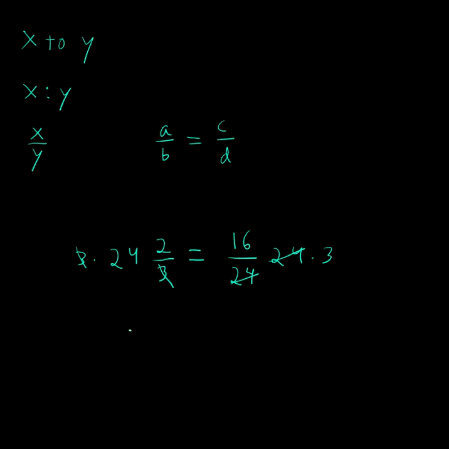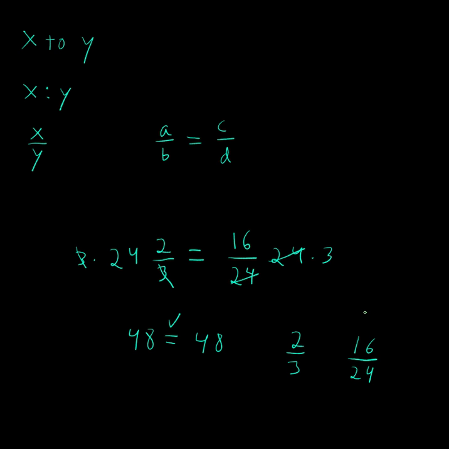And so what I get is 24 times 2 equals 48 equals 16 times 3. So that would be 48. Since this is true, this is a valid proportion, and that means our two original ratios, 2/3 and 16/24, they are indeed equivalent ratios.